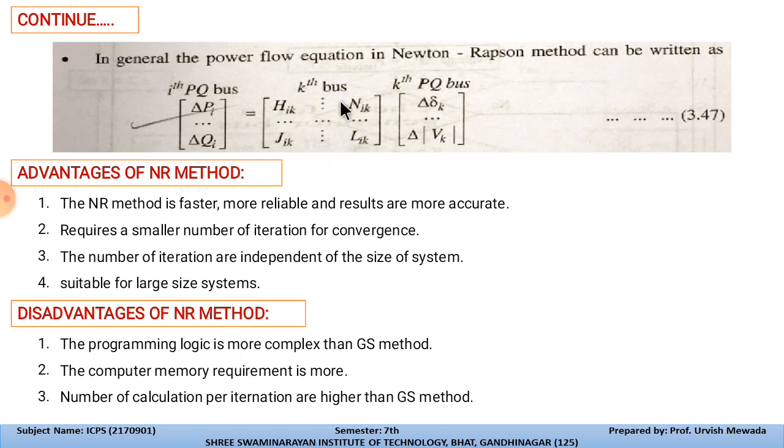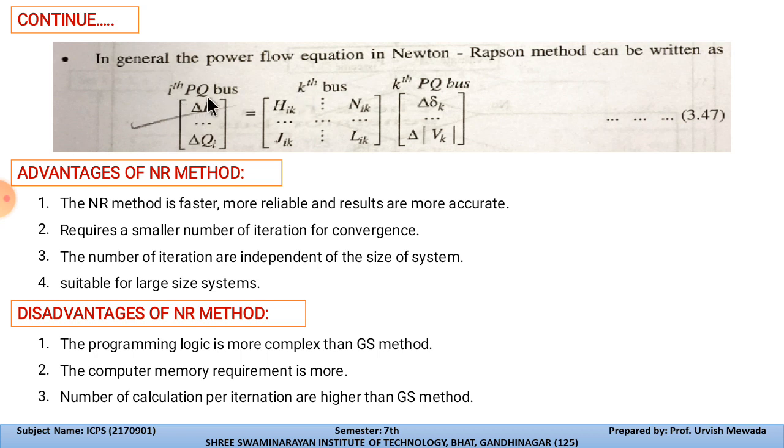This is for the kth PQ bus, the value of the power angle and voltage magnitude, Δδk and Δ|Vk|, for the consequent buses of the interconnected power system. Now this is the solution for the load flow studies using the NR method.